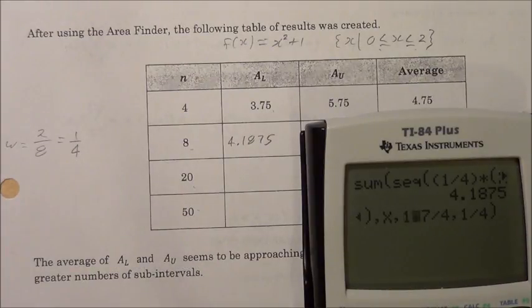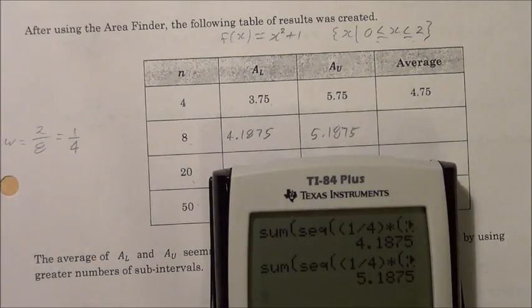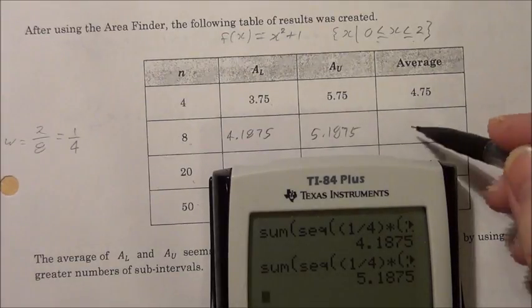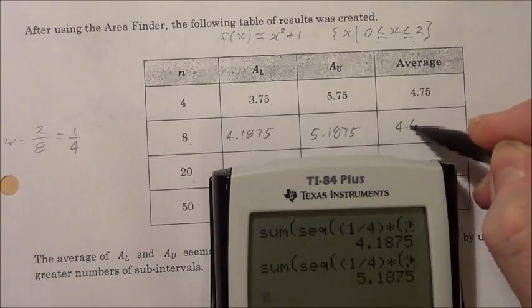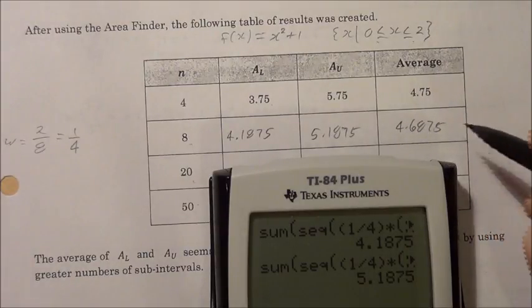I'll start at 1/4 and go up to 2. The step, the variable and the expression are the same. I press enter and get 5.1875 square units for the upper area. Averaging the lower and upper areas gives 4.6875 square units.